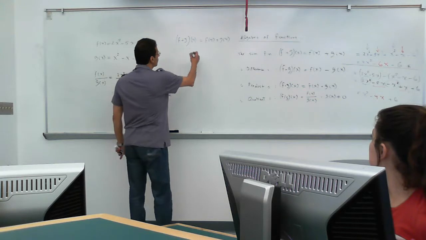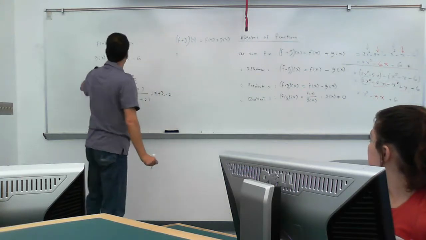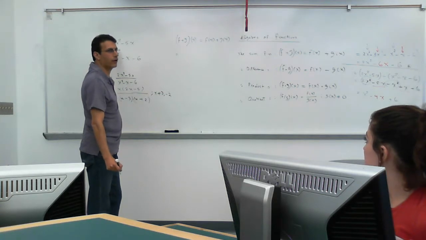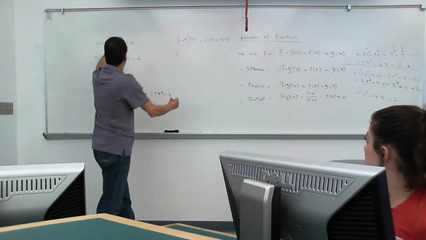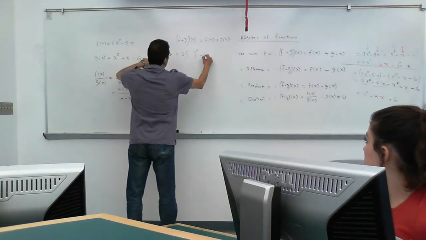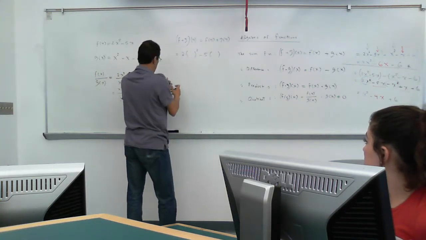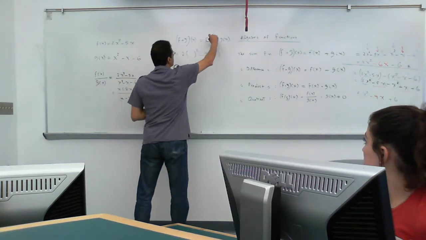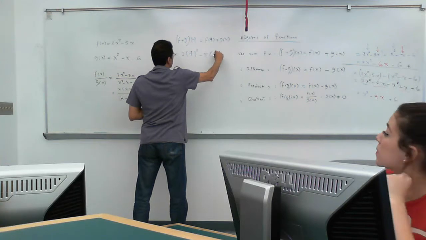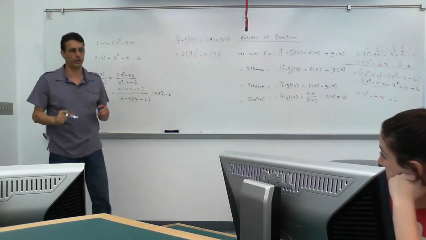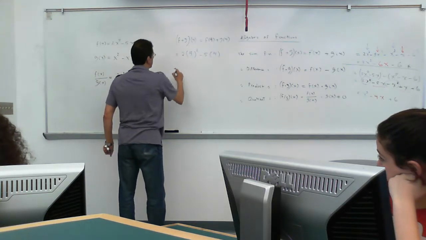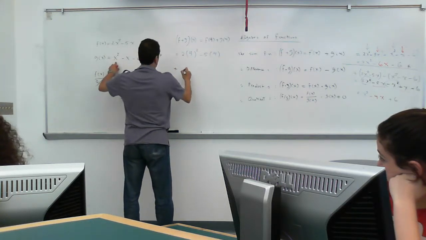Now class, can you tell me what's f of 4? How do you evaluate the function at 4? F of 4. You say 2 times x squared minus 5 times x. What is it? Do you see this is f of 4, everybody? Plus g of 4.